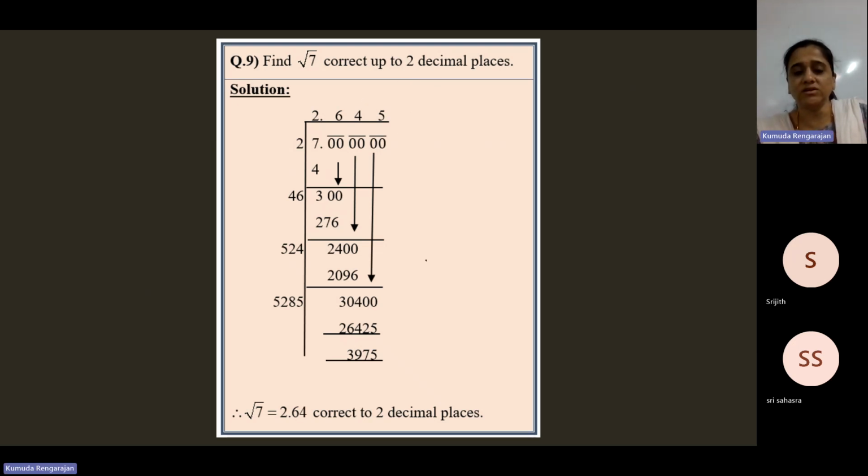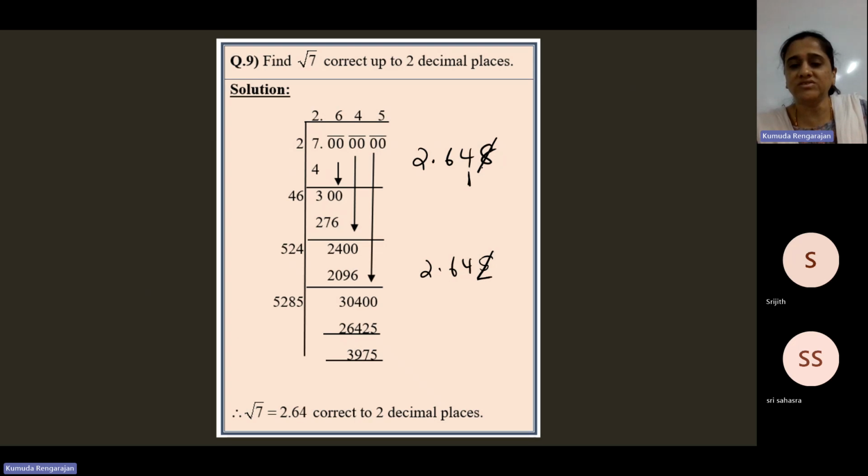Now, what's the last digit? 2.645. What's the last digit? 5. If it's more than 5, you should take away this digit and increase the earlier digit by 1. See, if it was 2.648, then take away this digit and increase this one by 1.